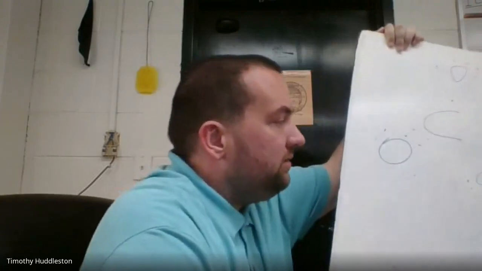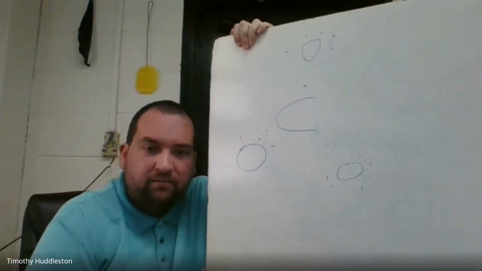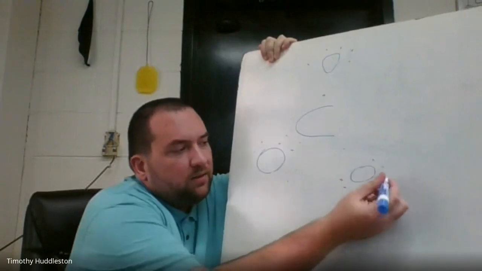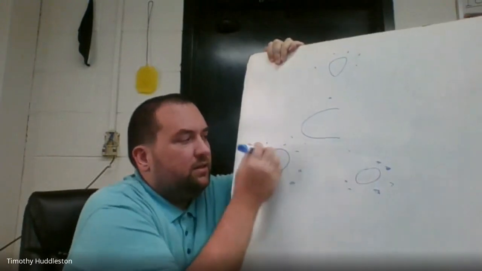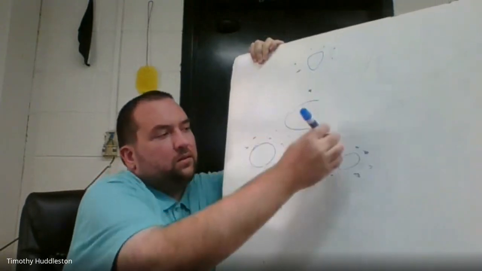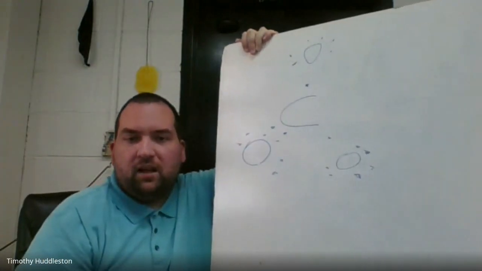Now you're going to notice that there's a problem here. By the way, I'll make everything a little bit darker so you can see. That's a little bit better. You can see all of them now.